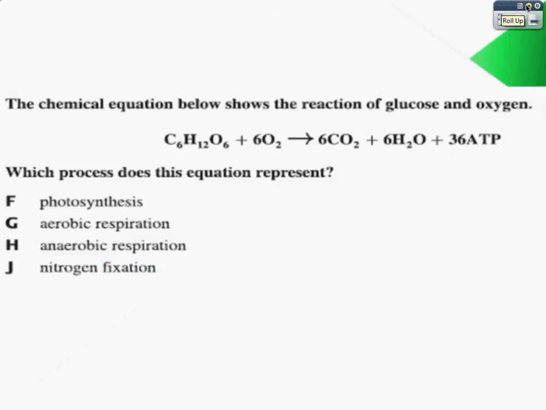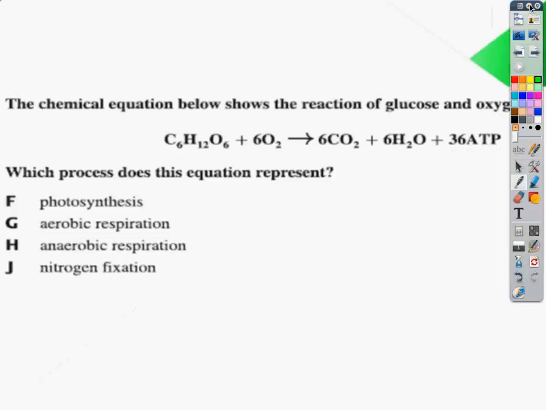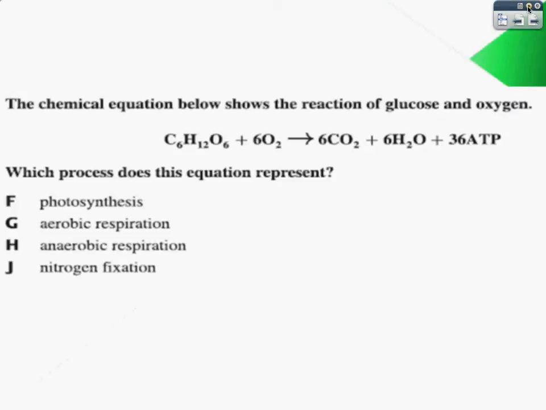It says the chemical equation below shows the reaction of glucose and oxygen. Which process does this equation represent? All right, throughout the year, we've been mainly dealing with the words, not really with the chemical formulas. But I've showed you before that glucose is C6H12O6.